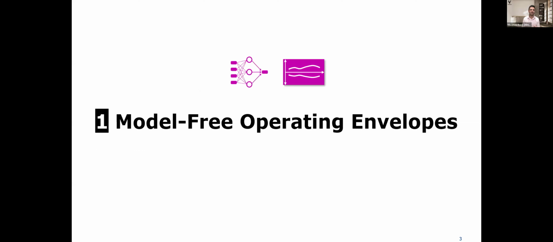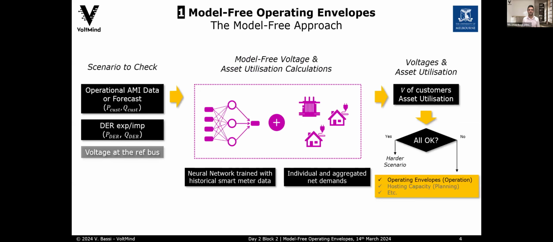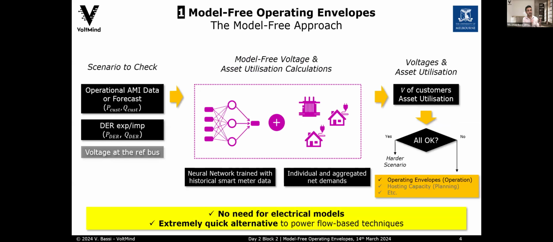So in terms of model-free operating envelopes, here is a schematic of our model-free approach. Essentially, calculating operating envelopes is all about evaluating voltage and thermal constraints for different DER what-if scenarios, and assessing up to which extent flexible customers can import or export without compromising network integrity.